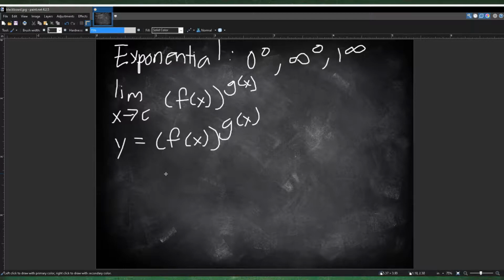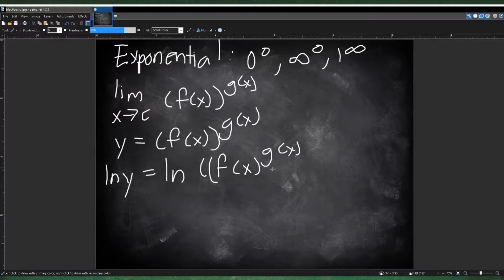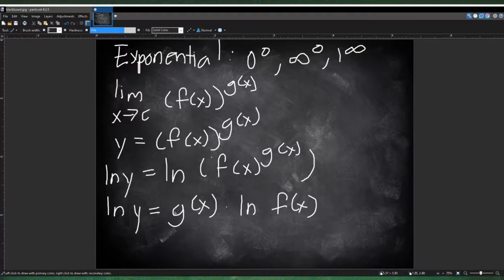And if we take the natural log of both sides, since this is a log, we could just bring the exponent down. So the ln of y is equal to g of x times the natural log of f of x.